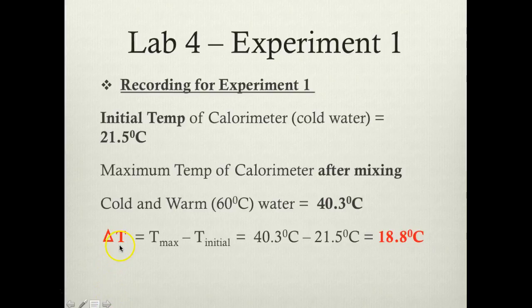Then delta T is T max, or T final, minus T initial. So that is 40.3 minus 21.5, which is 18.8 degrees centigrade. So delta T is 18.8 degrees centigrade.